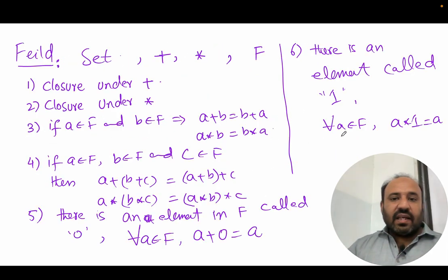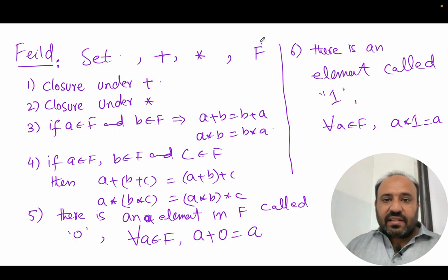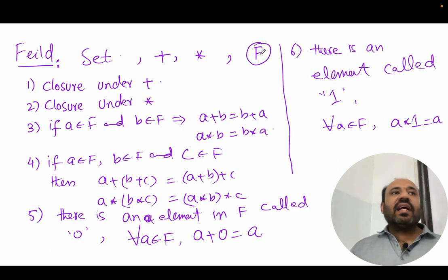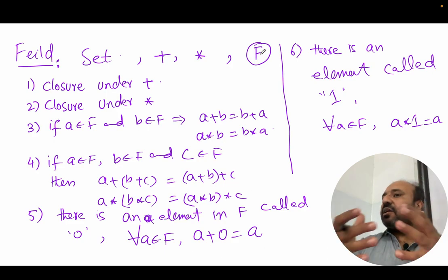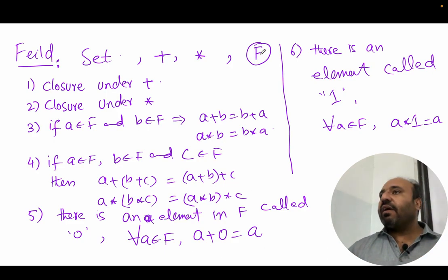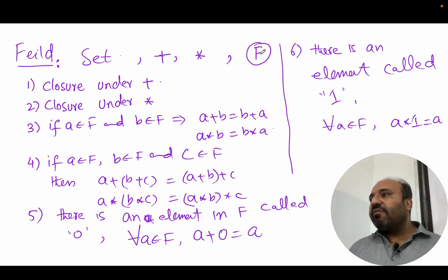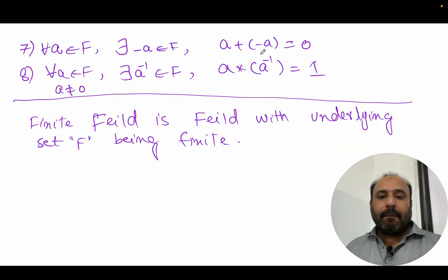Which means if you have a finite set, the total number of elements is not infinite, and you have all these properties available in that set, that is called a finite field. Okay? Example.